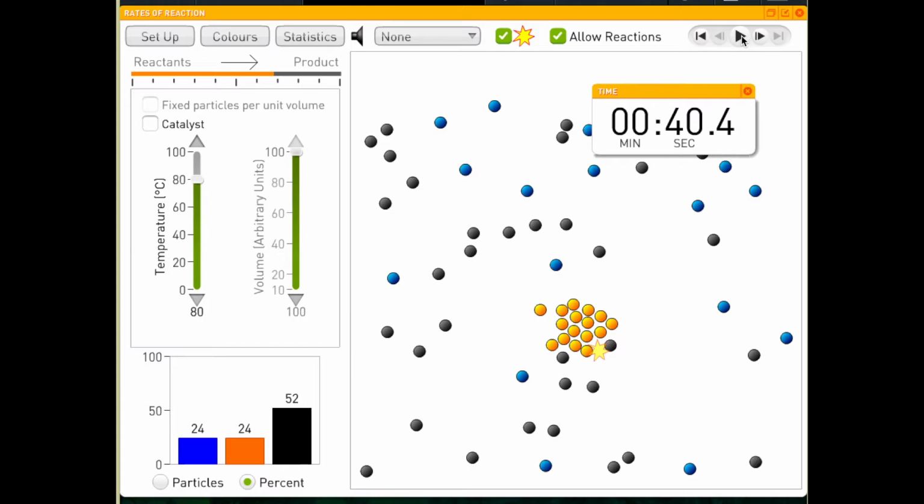Okay, so this took 40.4 seconds, and so we were doing this at a temperature of 80 degrees, so this is a comparison to the 6.6 seconds that it took when our orange particles were separate and free to move around themselves. So by having all the particles in a massive lump, this shows us that it took a lot longer. And that's because we have reduced the number of active sites that reactions can happen, because we have reduced that overall surface area.